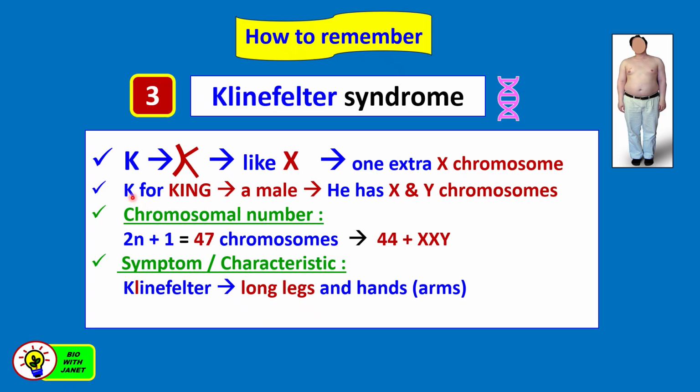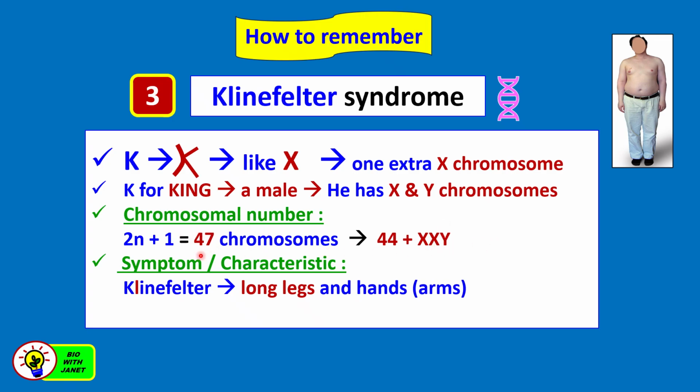Then the K can also stand for king. Klein sounds like king, right? So think of king. A king is a male. So this patient is a male. Why? Because he has the normal X and Y chromosomes, except that there's an extra X chromosome. As long as the patient has a Y chromosome, he is considered a male, with characteristics similar to a male.